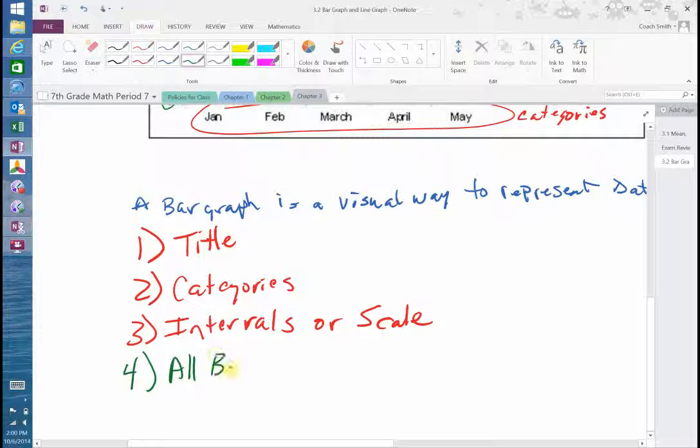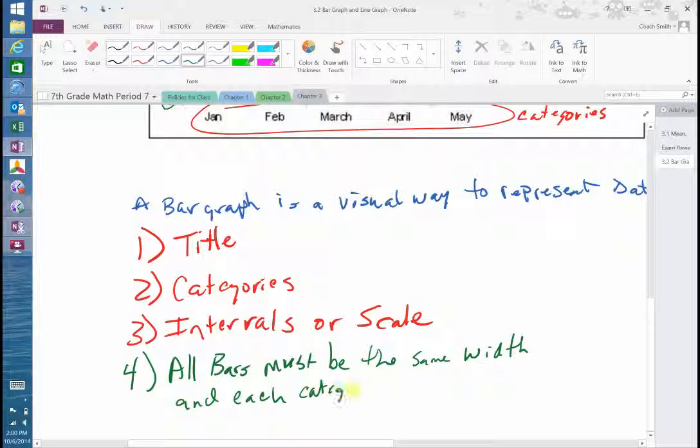The fourth thing: all bars must be the same width, and each category must have a space between them.